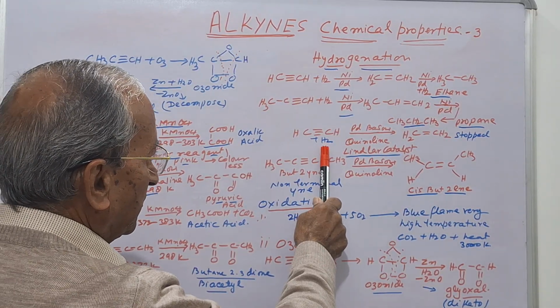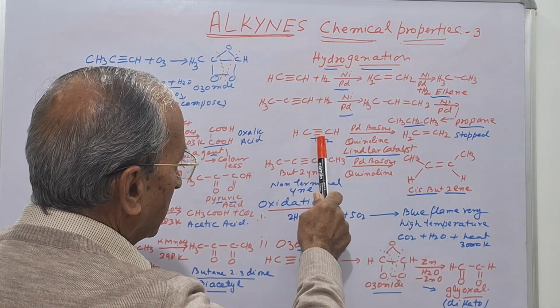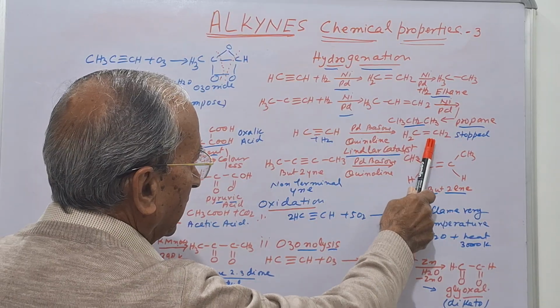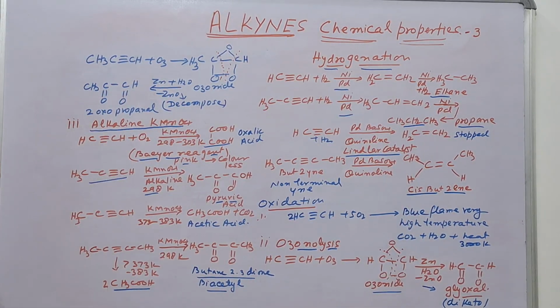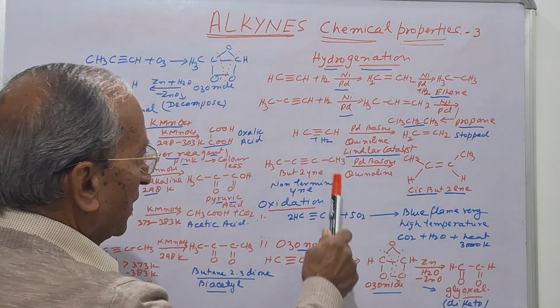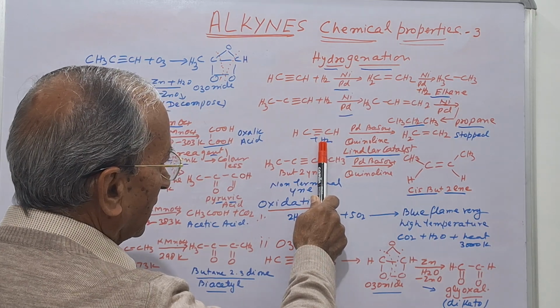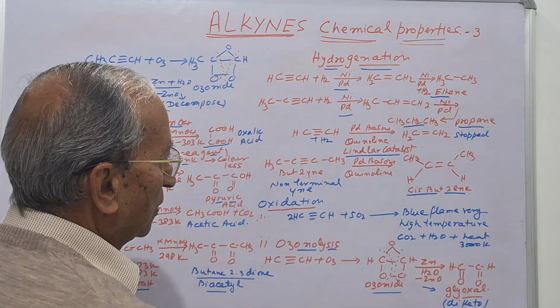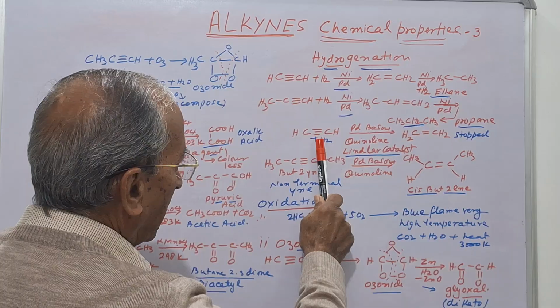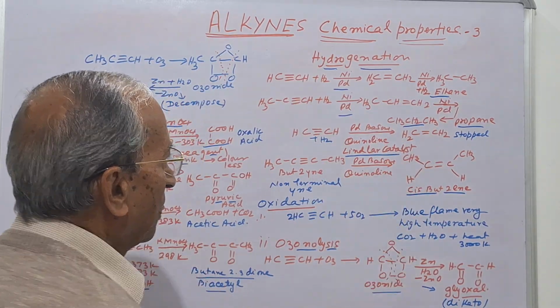Addition of hydrogen takes place only in the first step, so ethyne is converted to ethylene. Listen, addition of hydrogen can be controlled to the first step, that is the yne is converted to the ene.